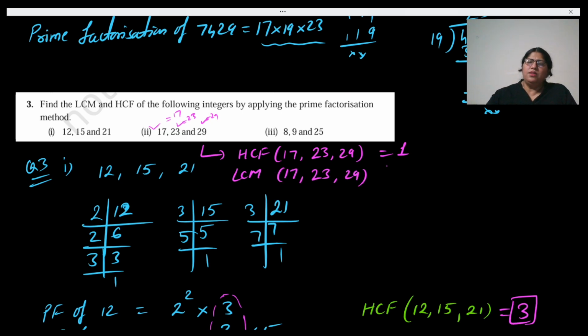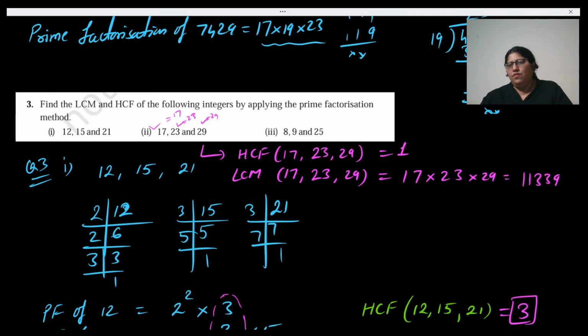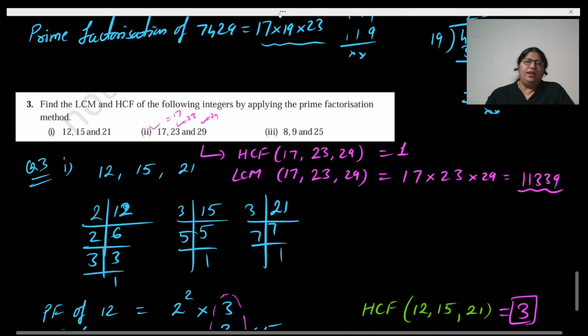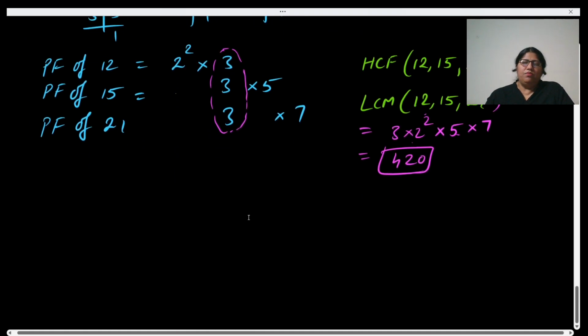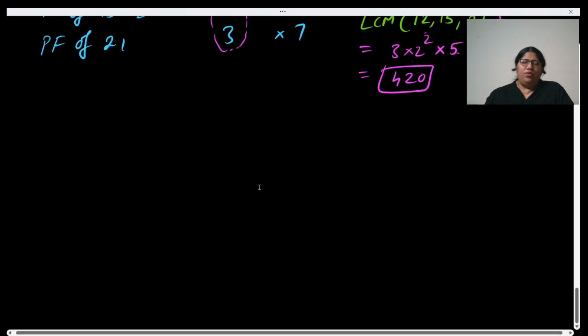Co-primes are numbers which have only 1 as their highest common factor. So the product of these three numbers is going to be the LCM, which you can calculate, and the answer is 11,333. So if there are prime numbers, you can directly take the product as the LCM, and the HCF of those prime numbers will be 1 only, right?